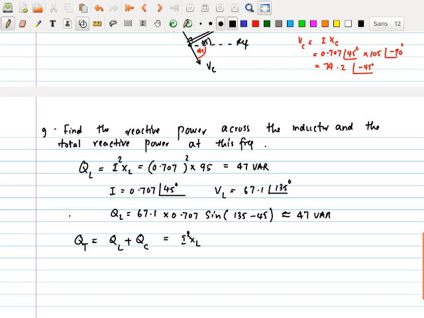What do I have? I squared XL and plus what is the next one? I squared what? I squared XC, the capacitor reactance.